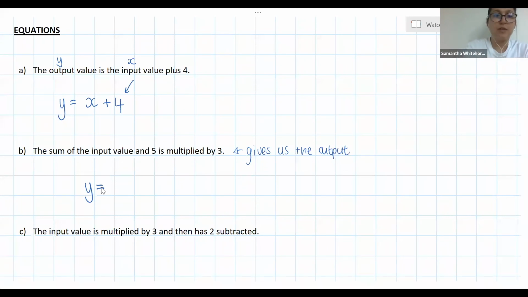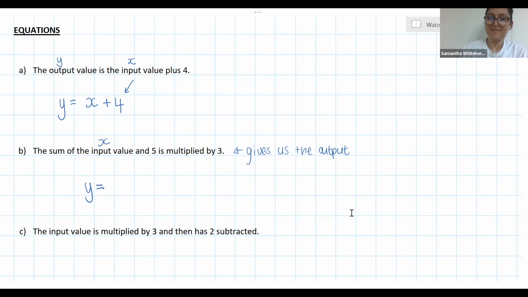Remember, x is your input. We're taking the sum of x and 5 and multiplying that by 3. Can anyone help me with what sum means? Lesejo, do you want to give it a try?